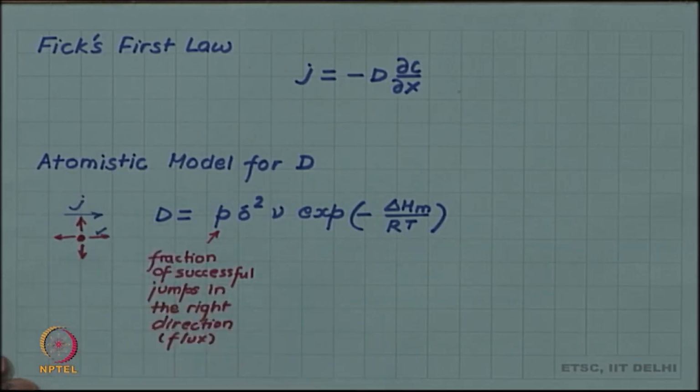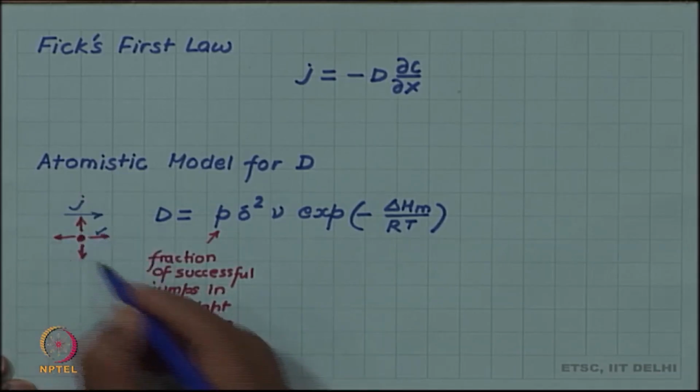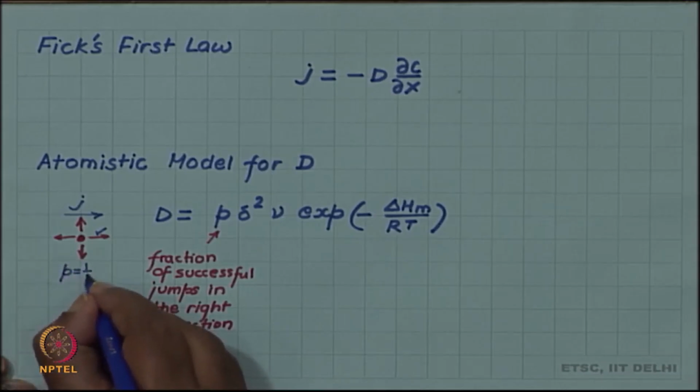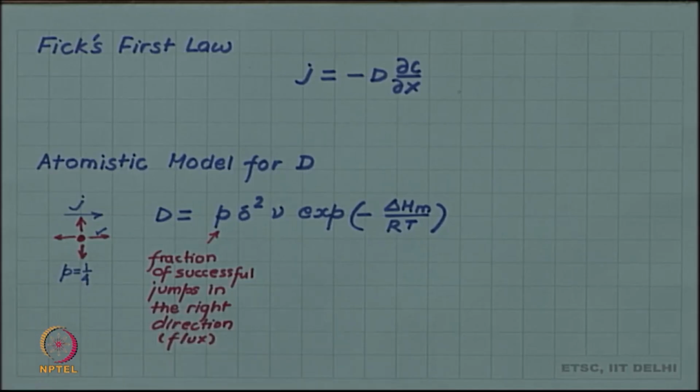So, if 4 possible jumps were there, only 1 out of 4 will be in the right direction. So, P in this 2D example will become 1 by 4. So, that is the fraction of successful jumps in the right direction.